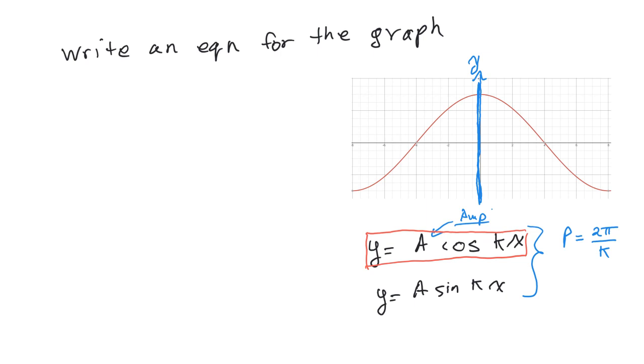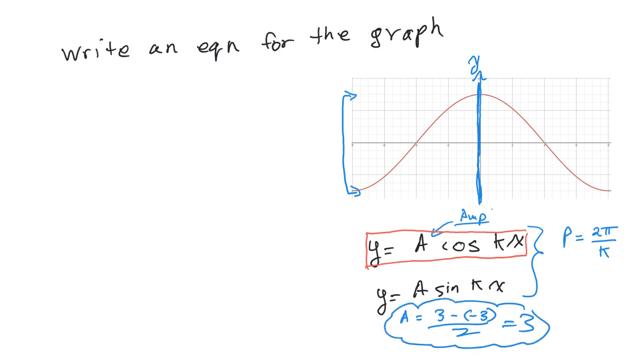Now, based on this, you can literally find how high and how low this graph goes, right? This graph goes up to +3 and down to -3. So that means our amplitude is equal to 3 minus the bottom and then divide by 2, which gives us an amplitude of 3 for this problem.